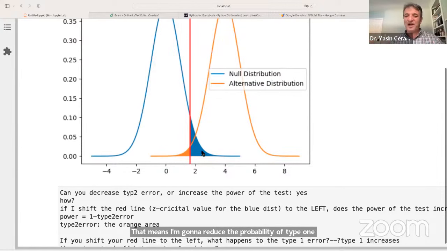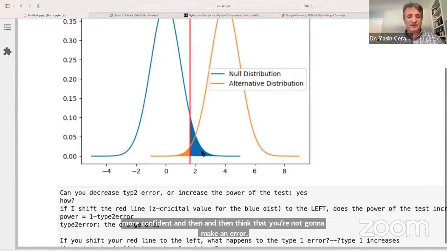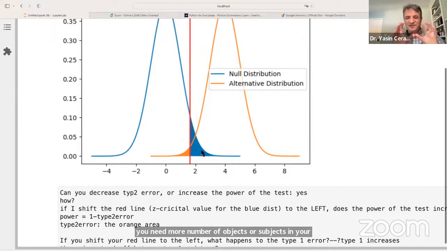How can you be more confident? You're going to collect more data. That means you need more objects or subjects in your test, right? So that's the intuition behind why, when alpha is decreasing, our N is going to increase. Again, the same thing goes for beta.